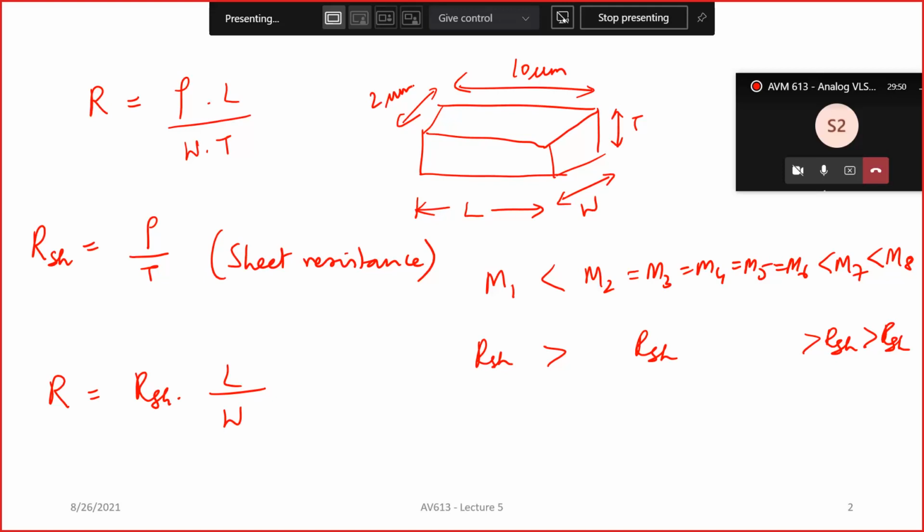Now this quantity L by W sounds a little similar to the W by L ratio of your transistors. Here it is the other way around. It also ends up counting as squares.